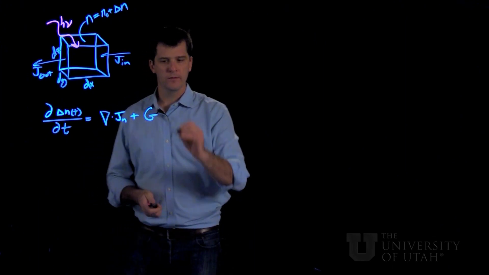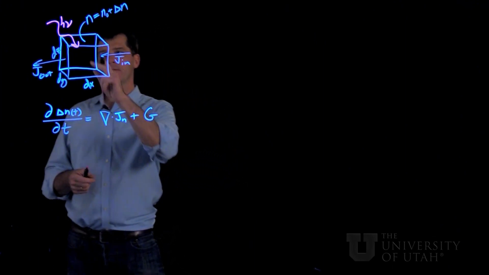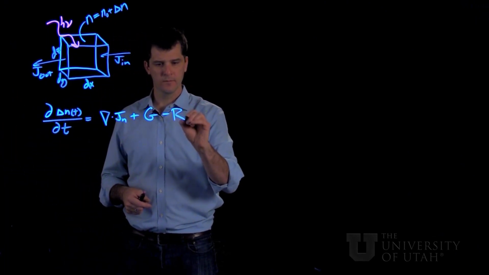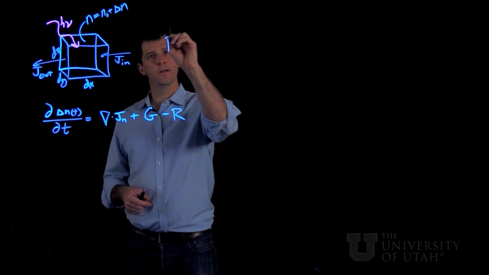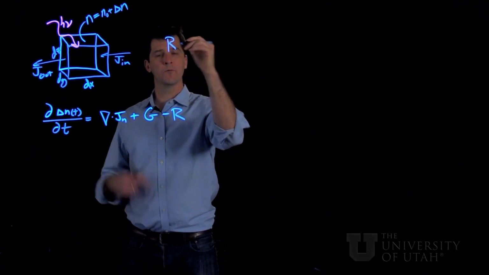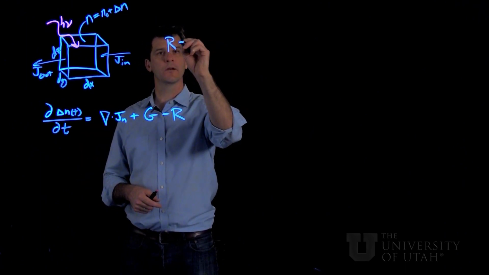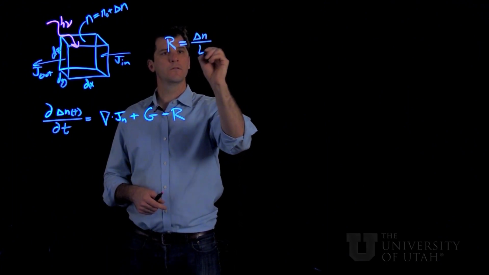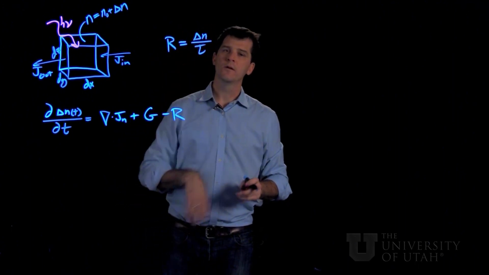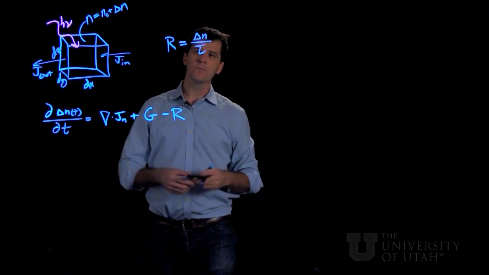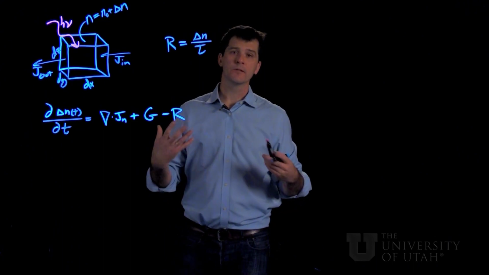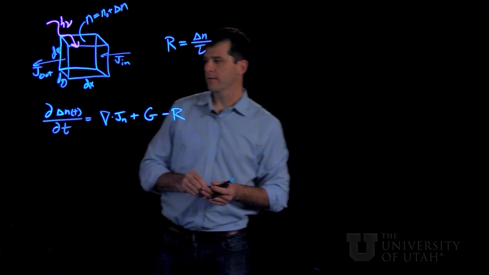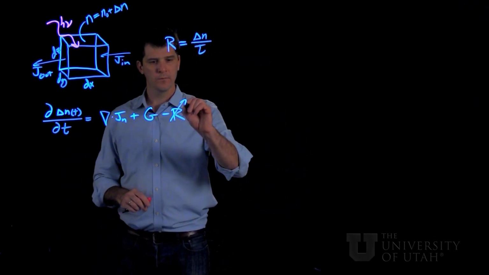And then lastly, we can have the opposite process of recombination. And we're going to write our recombination within this lifetime approximation in this form, so that you have some recombination rate which is proportional at any time to the number of excess carriers. So I'll make this substitution.